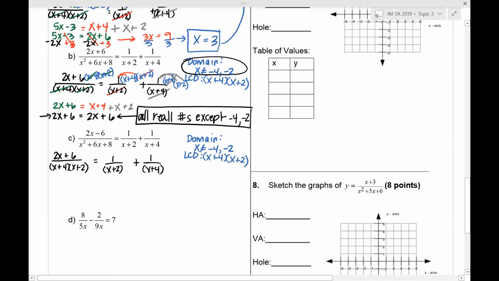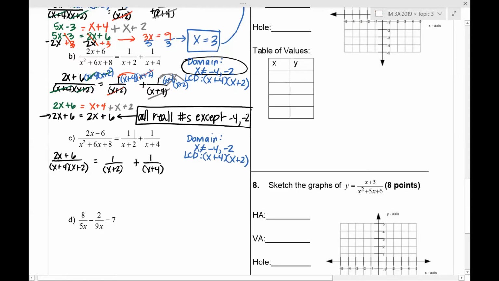That means that we have an infinite solutions answer. So any x that I plug in is going to give a true statement for 2x plus 6 equals 2x plus 6. However, -4 and -2 are going to be undefined for the original problem, which eventually results in 2x plus 6. So all real numbers except for -4 and -2 is the solution to this problem.